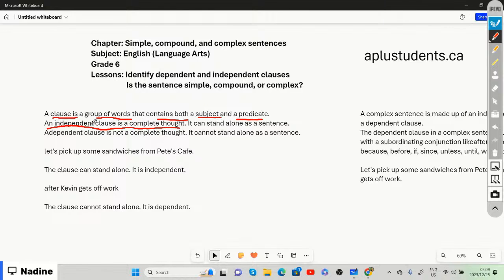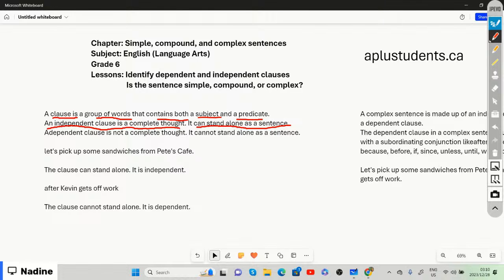And an independent clause is a complete thought, meaning it has both subject as well as predicate, right? And an independent clause can stand alone as a sentence.